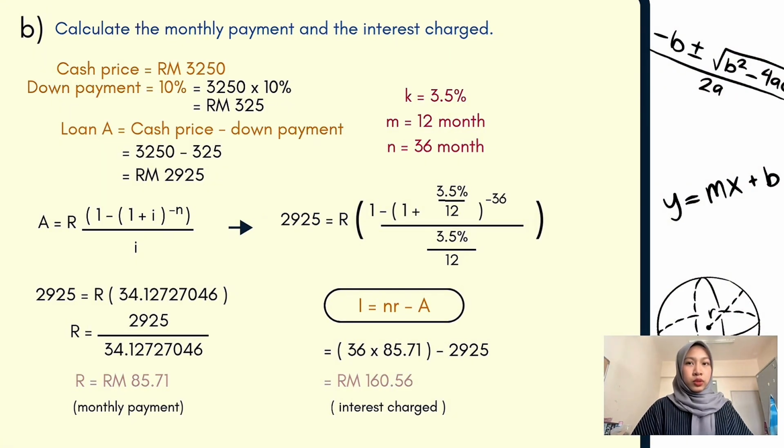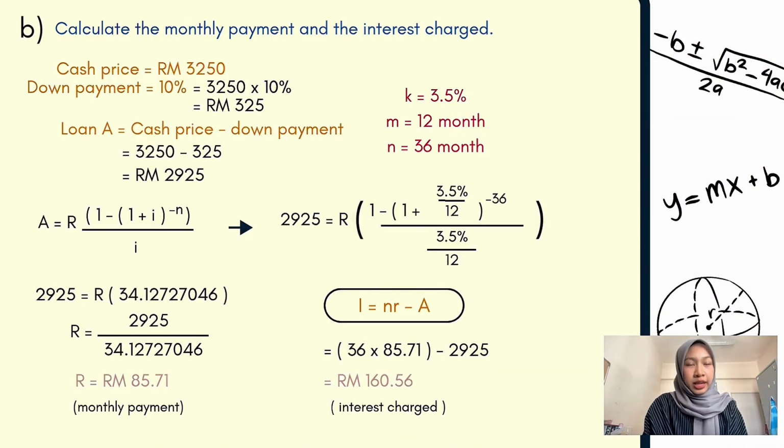Next, we move 2925 to the right, which is R equals 2925 divided by 34.12727046, and the answer is RM 85.71 cent.